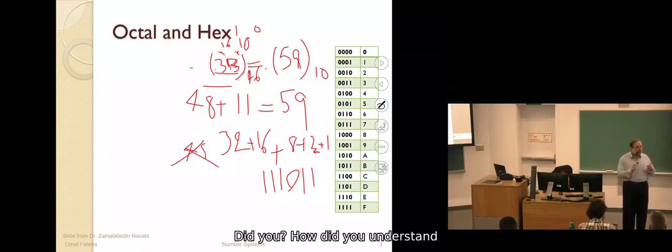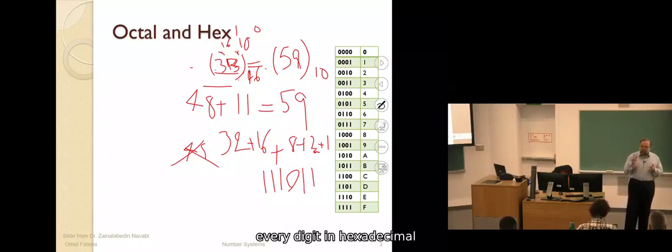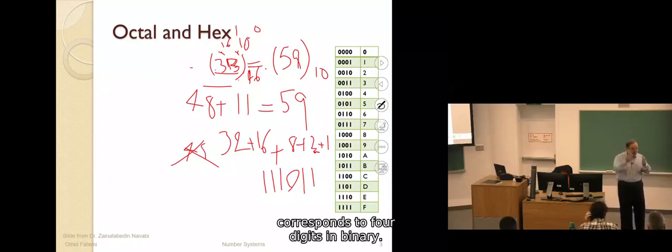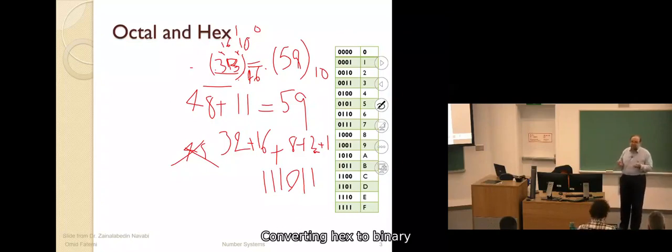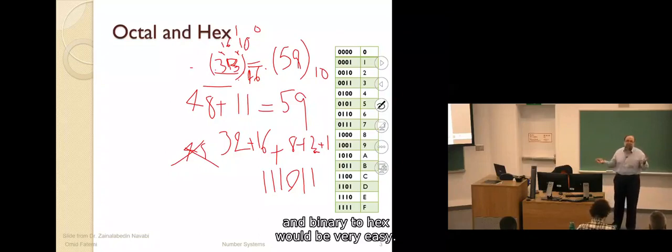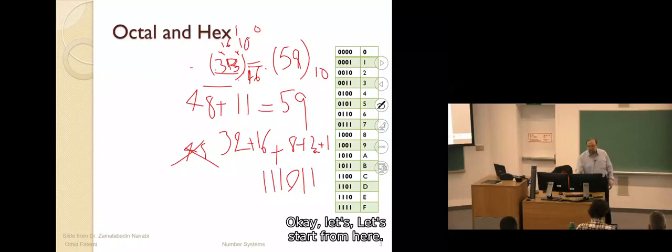Did you understand? Every digit in hexadecimal corresponds to 4 digits in binary. So it's very good. It's very simple. Converting hex to binary and binary to hex would be very easy. How? Okay, let's start from here. We had 3b.